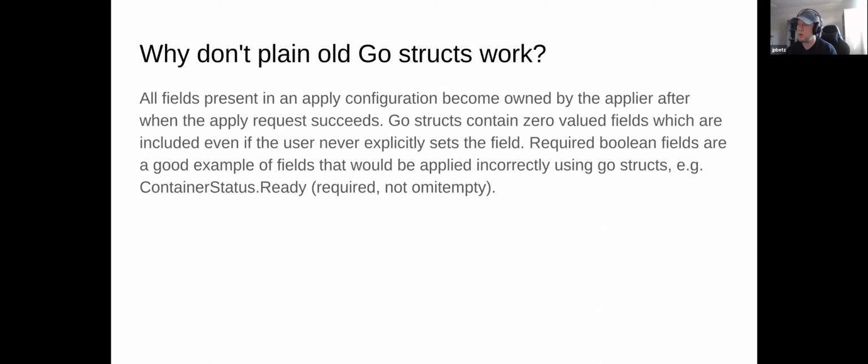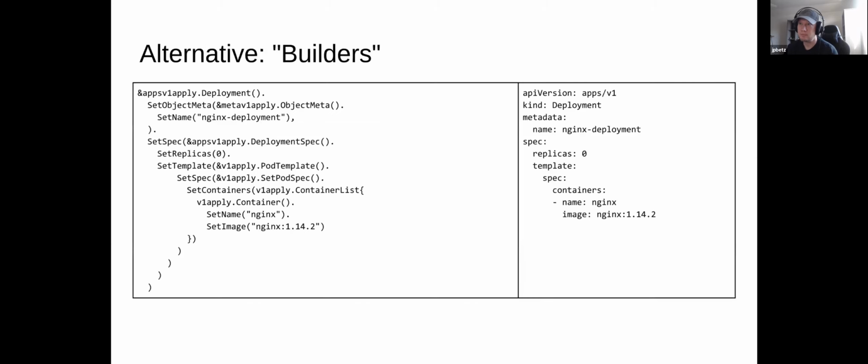There's a ton of required Boolean fields all over the place that cause problems. So it looks like this would almost work, and it would seem to work. But if you get into the nitty-gritty and start using it for real stuff, you're going to run into really weird corner cases where you accidentally took ownership of fields that you didn't intend to, and maybe even set them to values that you didn't want. So it's a little dangerous to go down that path.